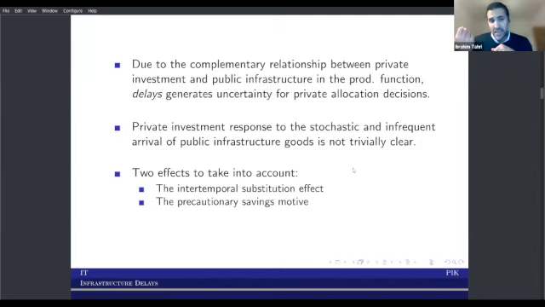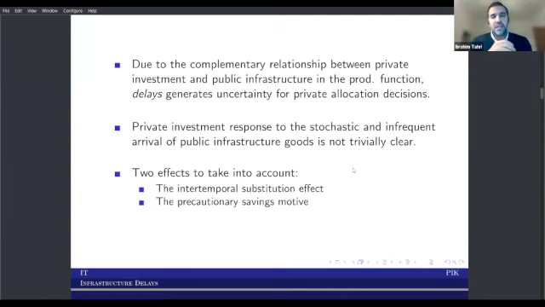These delays generate uncertainty for private allocation decisions. The private investment responds to the stochastic and infrequent arrival of public infrastructure goods. This is how I model the delays in public infrastructure.